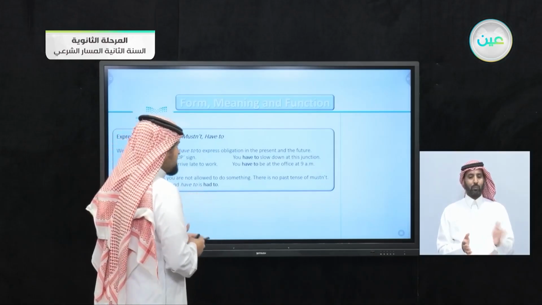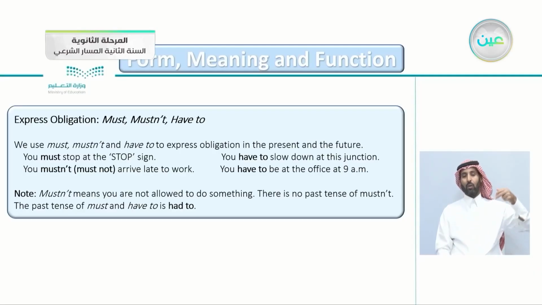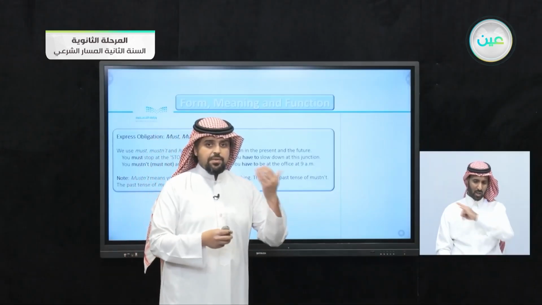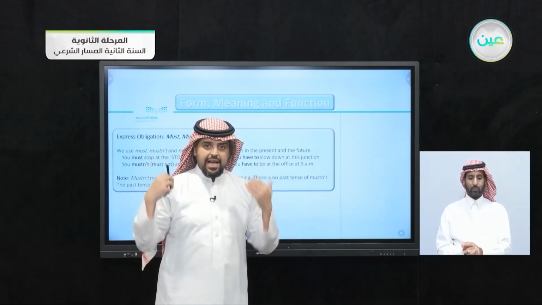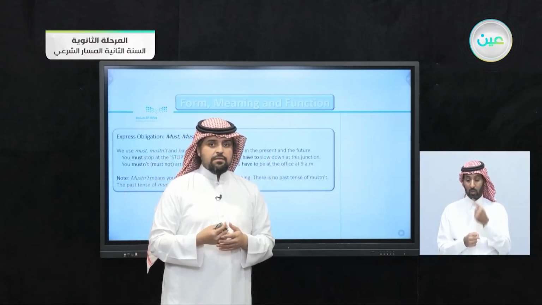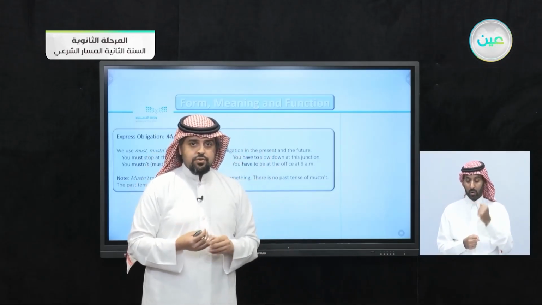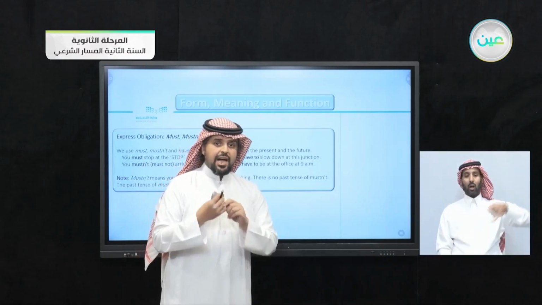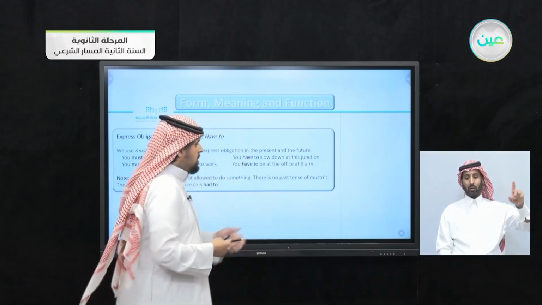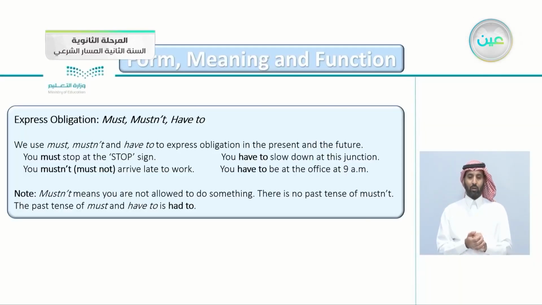There is no past tense of mustn't. The past tense of must and have to is had to. When you want to show obligation in the past, you say, I had to. So if you want to say must or have to in the past, you say had to. But mustn't, the negative form of must, doesn't have any past tense.